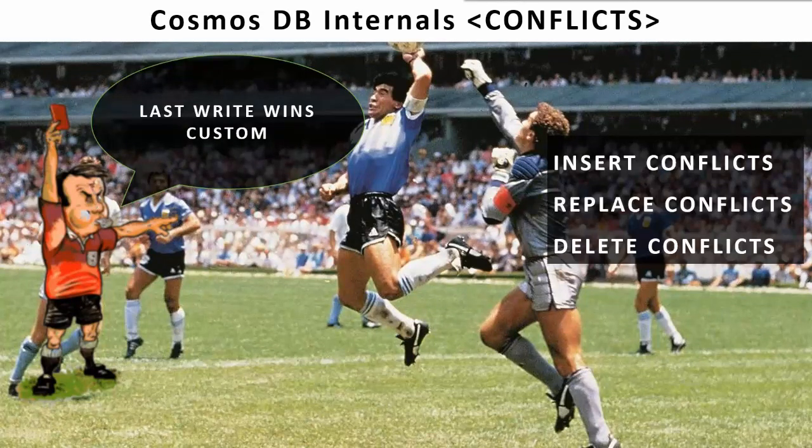And you need to register that stored procedure as a merge stored procedure. Then when a conflict occurs in the system, it's going to be put in a queue, and the system is going to run your merge stored procedure for each of the problems and try to fix the problem in the backend. So in that case, you have full control of how you merge the data when a conflict happens.